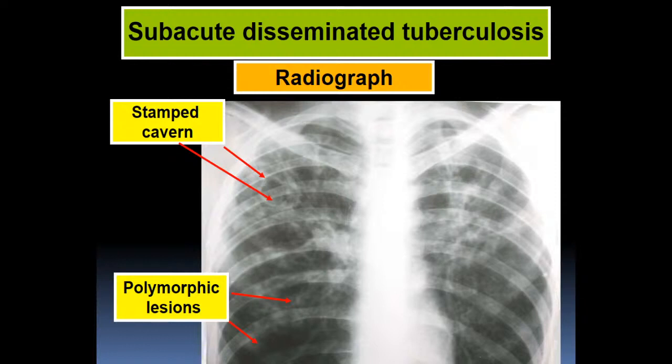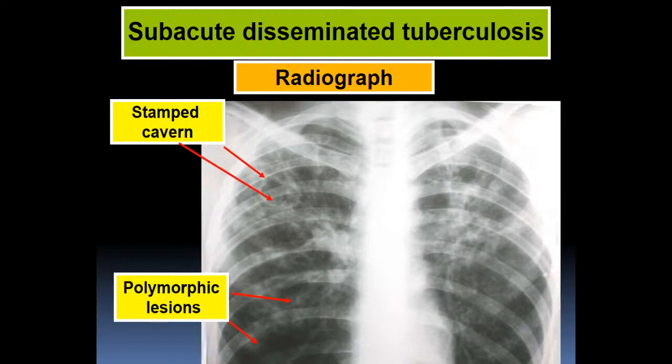But fibrosis and calcification are absent in this form of TB; they are not typical for subacute dissemination. Focal shadows can be small, middle or large, of different sizes.